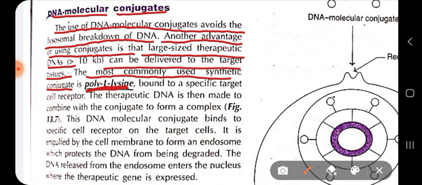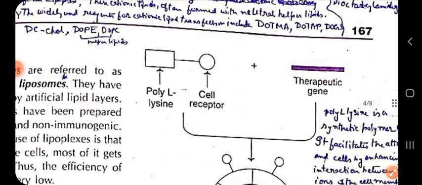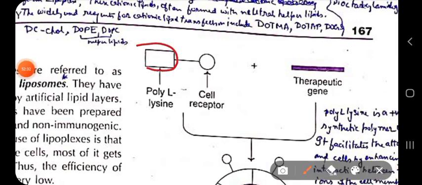It facilitates the attachment of cells by enhancing the electrostatic interaction with the negatively charged ions of the cell membrane. Here, this poly-L-lysine is targeted to bind to a specific cell receptor.